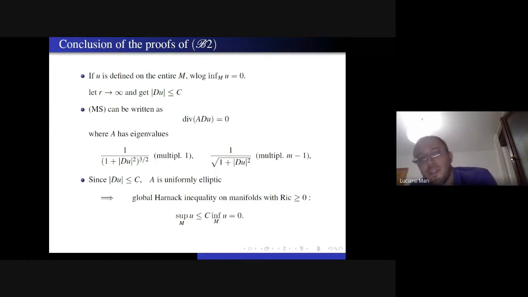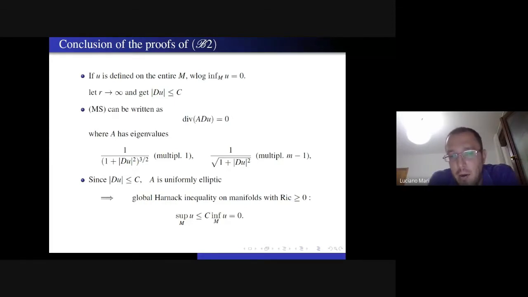Now, the minimal surface equation can be written, if you write down the divergence and isolate the terms, as a linear operator in terms of a matrix whose eigenvalues have the following behavior.